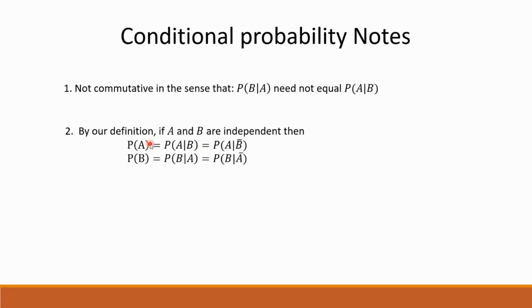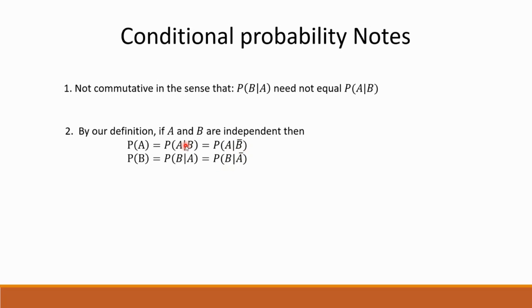But if B does not occur, it doesn't change either, so it's also the probability of A given the complement of B. Remember, this B bar stands for the complement of B. If you have a bar over the event, that means the complement of the event, which occurs if the event does not occur. The event occurs or its complement occurs, not both.